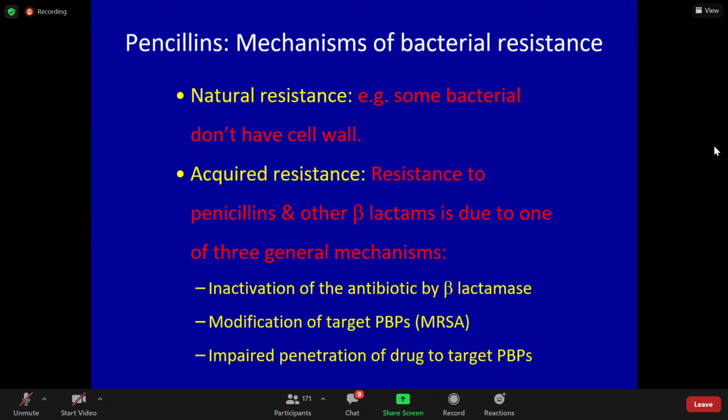If the drug does not enter, this is why many of the conventional penicillins are not effective against gram negative bacteria, because the structure of gram negative is an inner cell membrane and an outer cell membrane, which is quite tough and impermeable to the penicillins. So the drug must enter and bind with the transpeptidase in active form. If not, the bacteria are resistant.